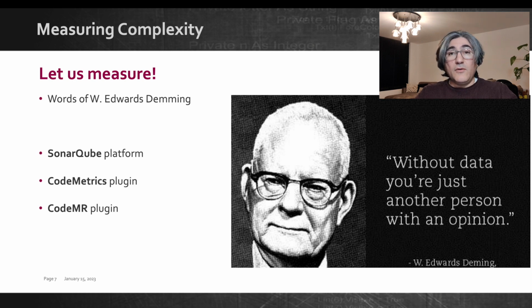And you can use some on-the-fly tools as plugins in your IDE, like Code Metrics, which is my favorite for measuring complexity on the fly, and CodeMR that does a whole bunch of stuff. It measures a lot of metrics like complexity, coupling, cohesion, and many others, but it is a paid plugin, so you would be more than sufficiently serviced by Code Metrics, for example, if you're using IntelliJ.